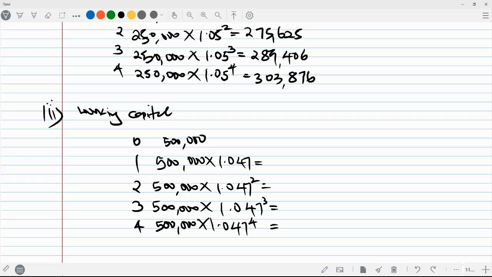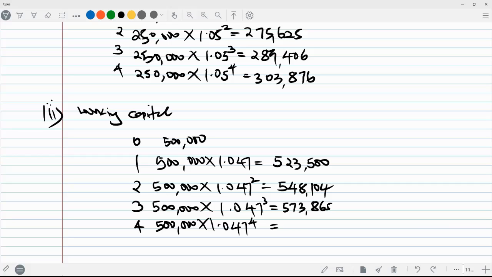Year 1: 523,500. Year 2: 548,104. Year 3: 573,865.